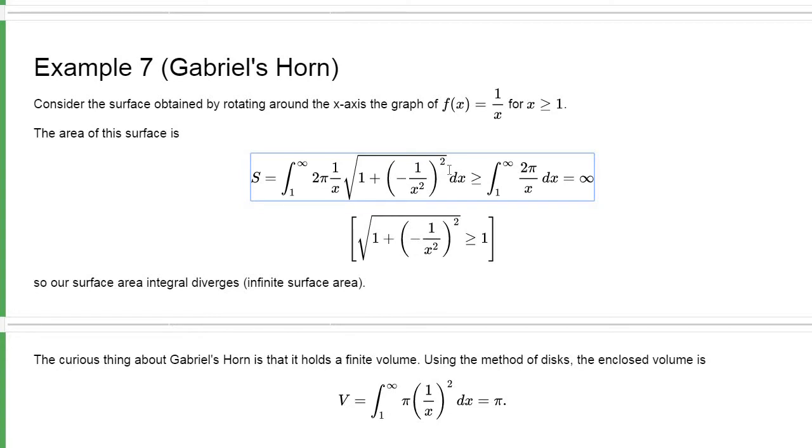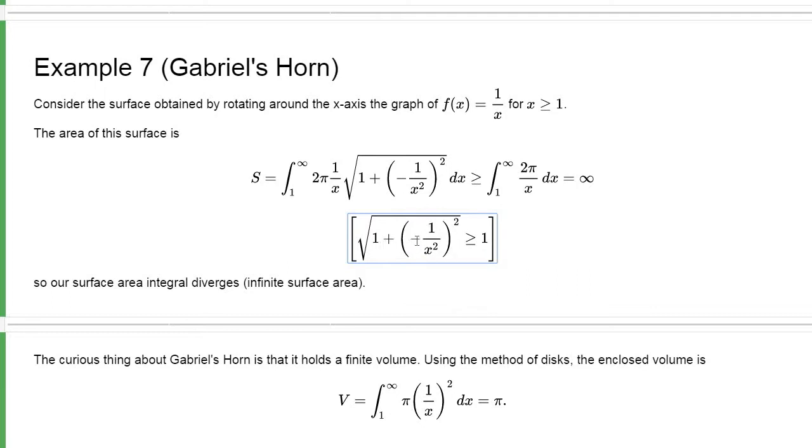Now, we don't need to figure out what that integral is. This is an improper integral because of this infinity. We want to see if this converges or diverges. It actually diverges. We know that because the square root part is greater than or equal to 1. You're taking 1 and adding something positive.